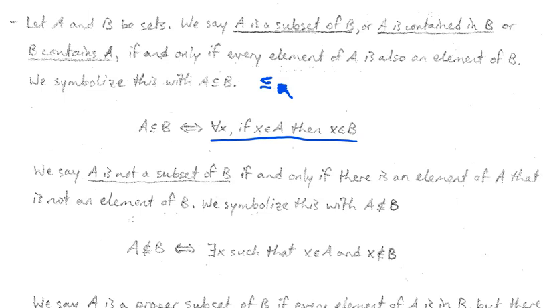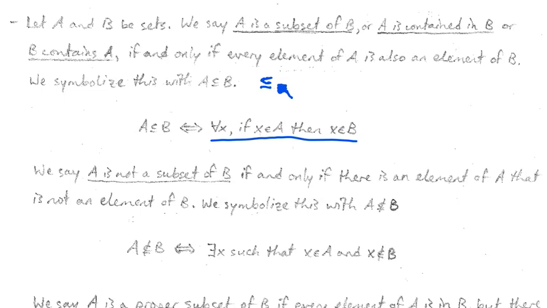So if you do that, you come up with the next definition. We say that A is not a subset of B if and only if there is an element of A that is not an element of B.